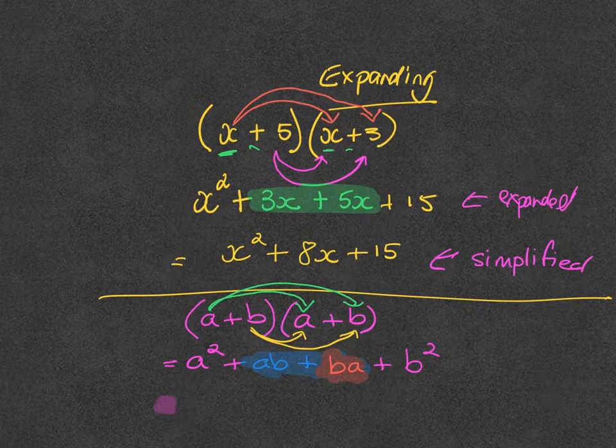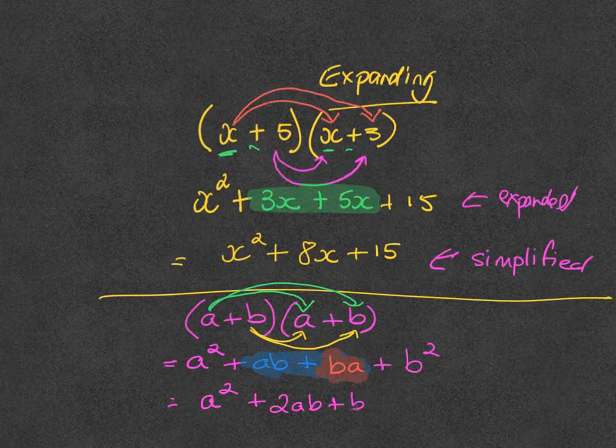So it's A squared plus the AB and the BA essentially are the same. So that is 2AB plus B squared. So once again, this is the expanded and this is the simplified.